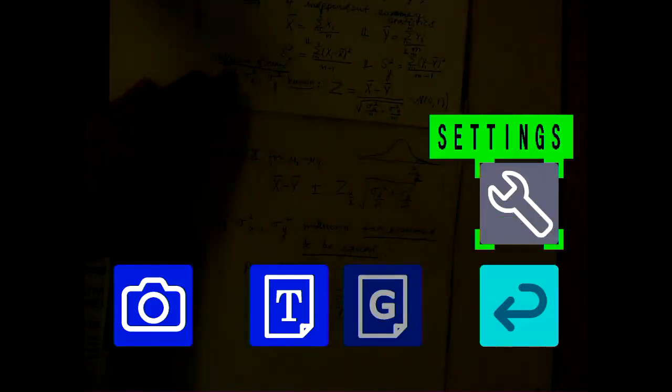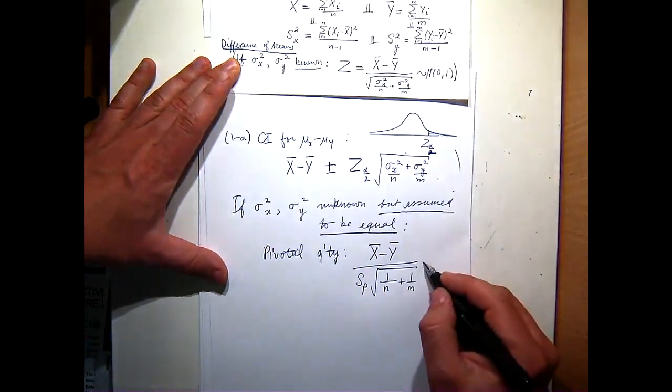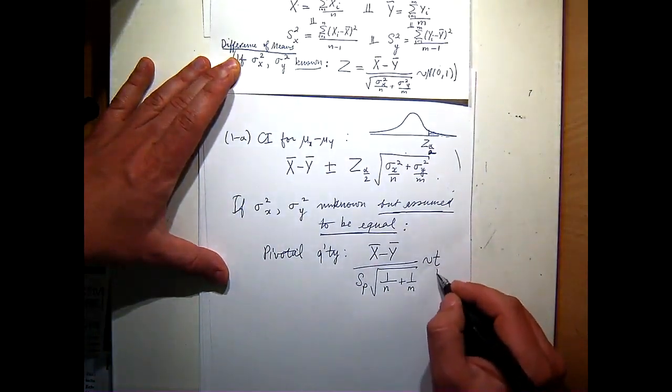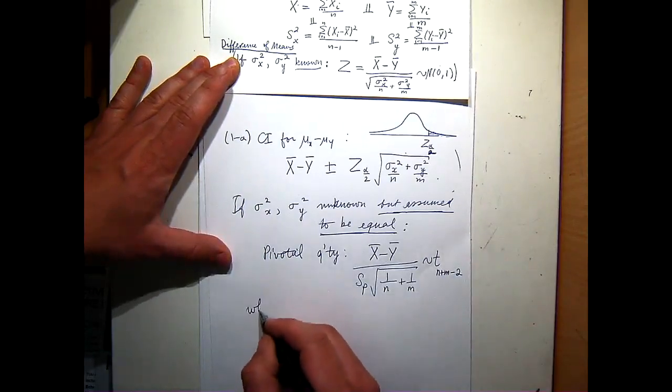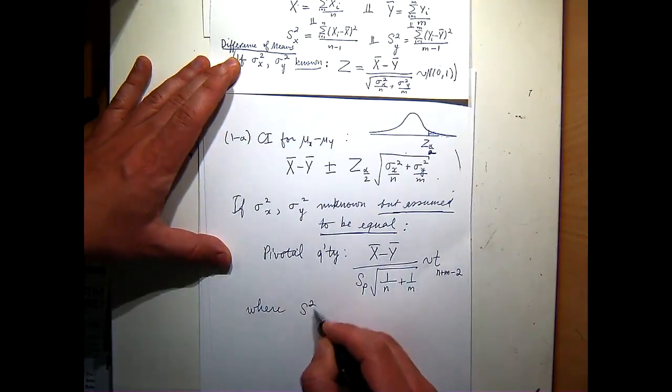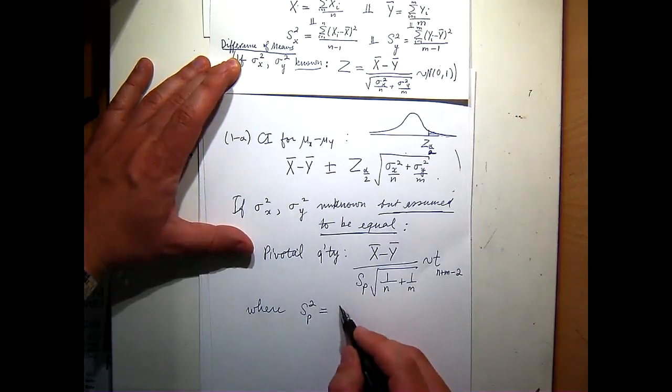Square root of 1 over n plus 1 over m. And that has an exact distribution t with n plus m minus 2 degrees of freedom, where s squared pooled, so P stands for pooled, you have to pool it in the right quantity.